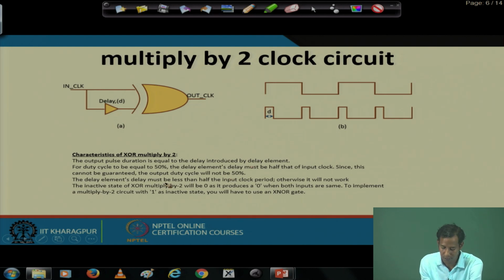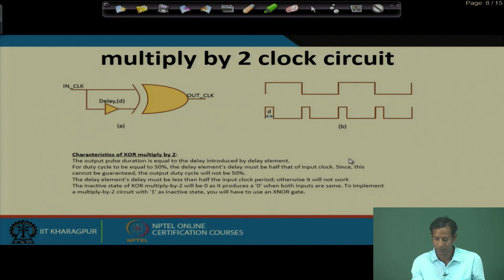The delay element delay must be less than half the input clock period, otherwise it will not work. Using this kind of technique, you can extend this circuit to implement any of the functions.